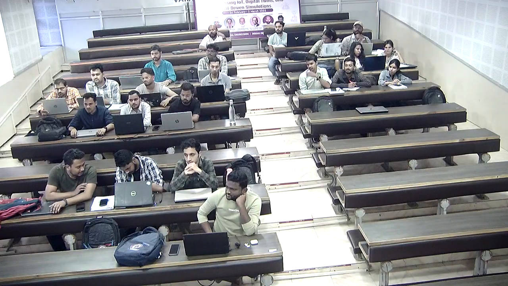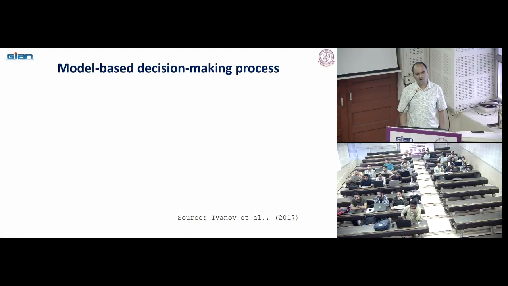Based on the problem complexity. How do you decide that complexity? Number of variables, number of constraints. Okay, that you do. And suppose your model is linear, what do you do? Solve with the exact methods. If your model is non-linear and complex, you go with heuristic or meta-heuristic algorithms. Okay, then you solve that model.